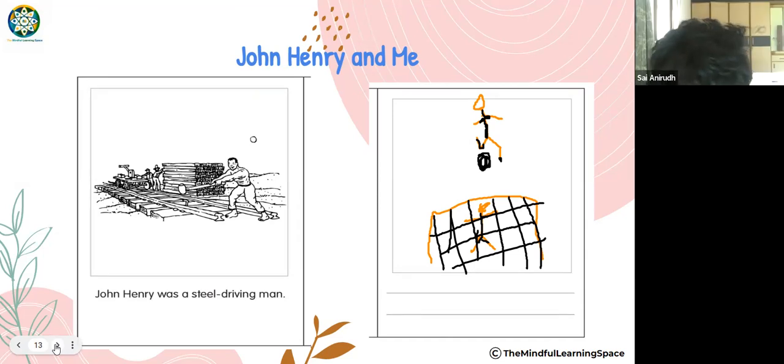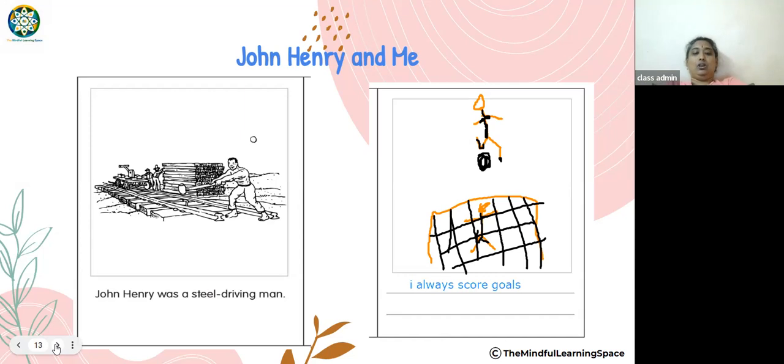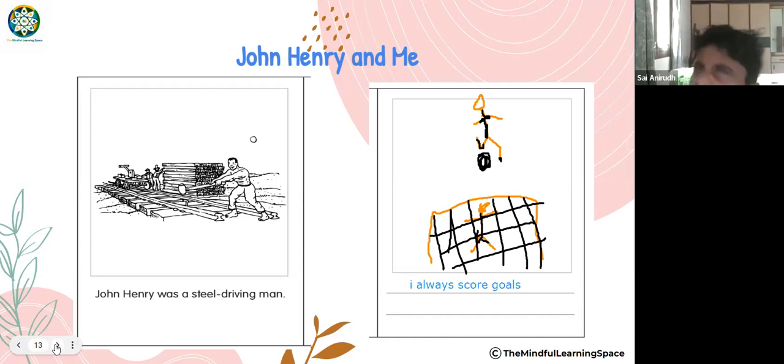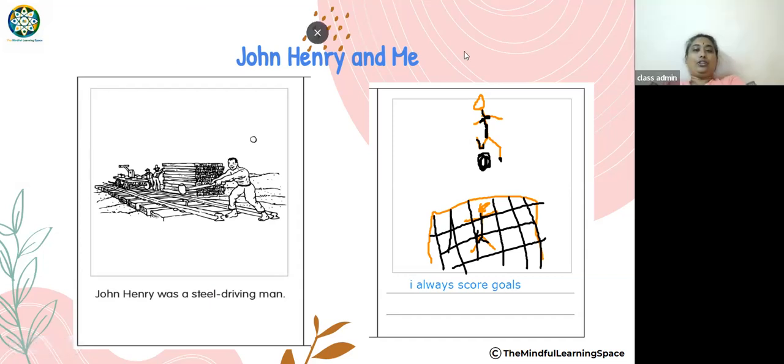I am writing. No, you have to write it like always goal scoring kid. Okay, good job. I don't want to be named like that. Okay, so we'll put it as Sai Anirudh, always goal scoring.